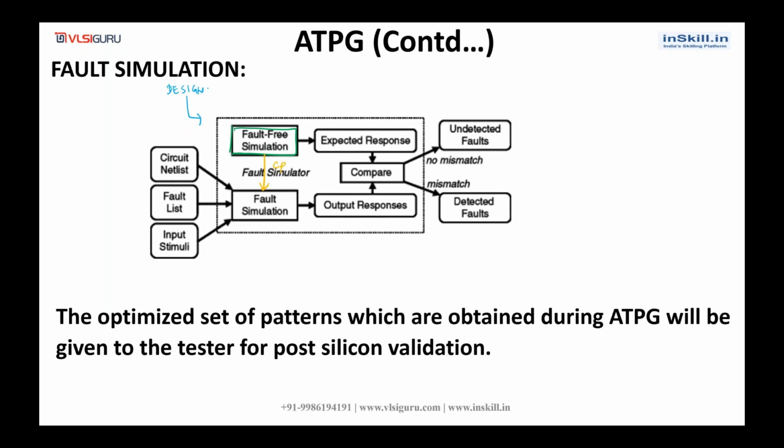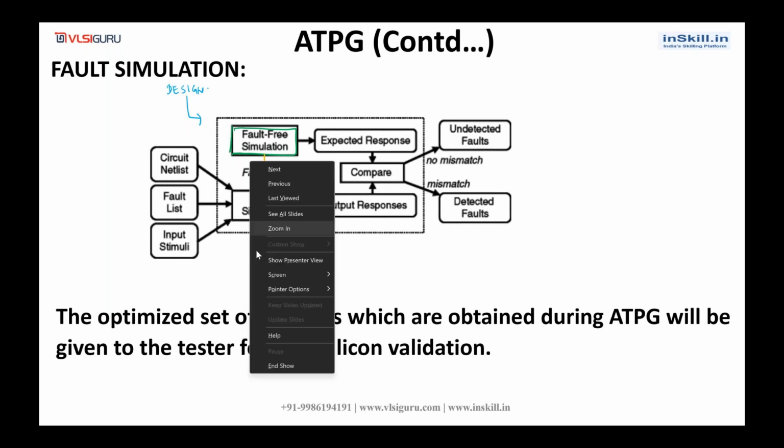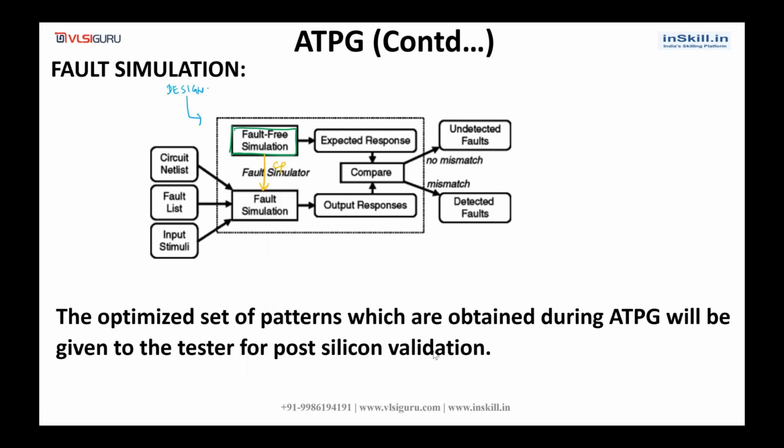In this created copy of the design, the tool will induce all the faults into it. Fault means a logical representation of a physical defect, as we saw in the earlier slide.